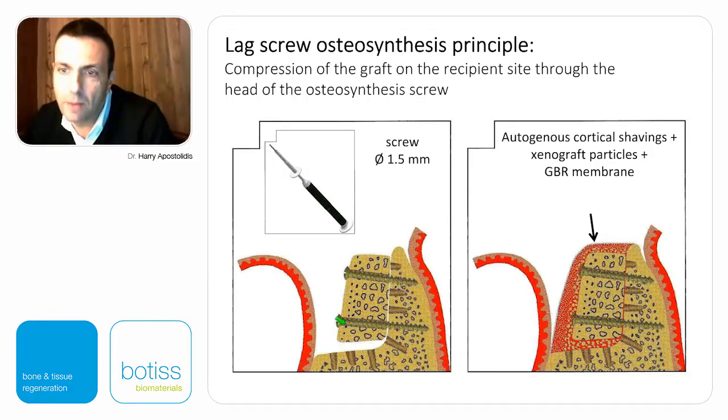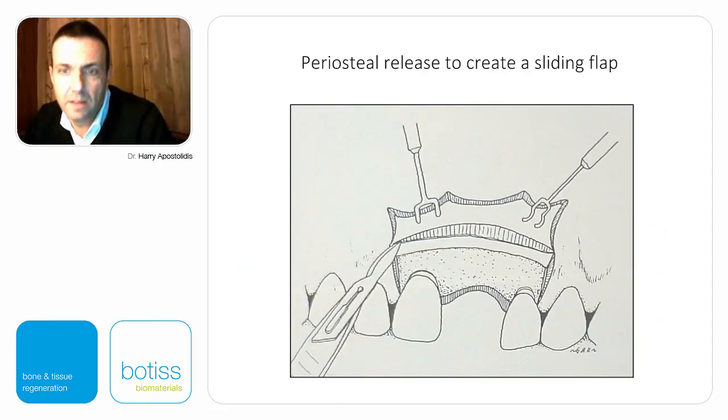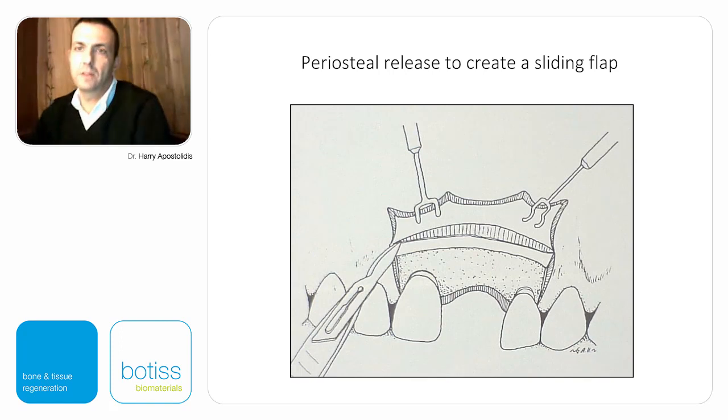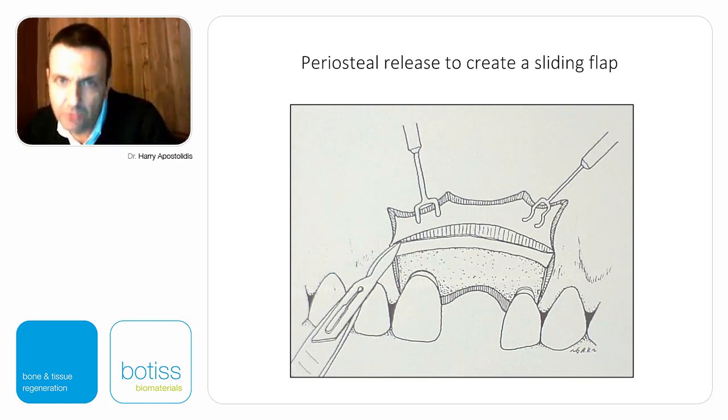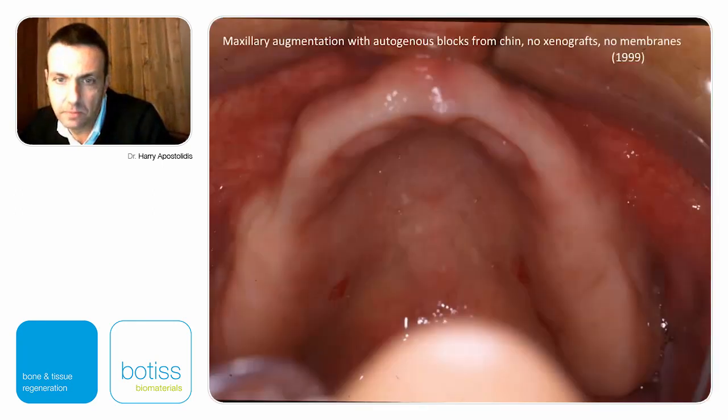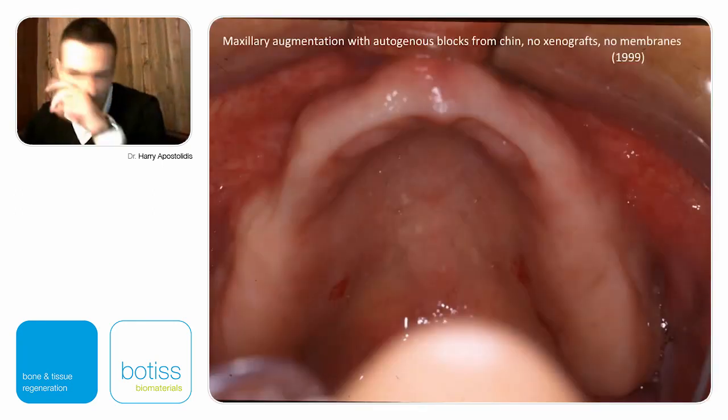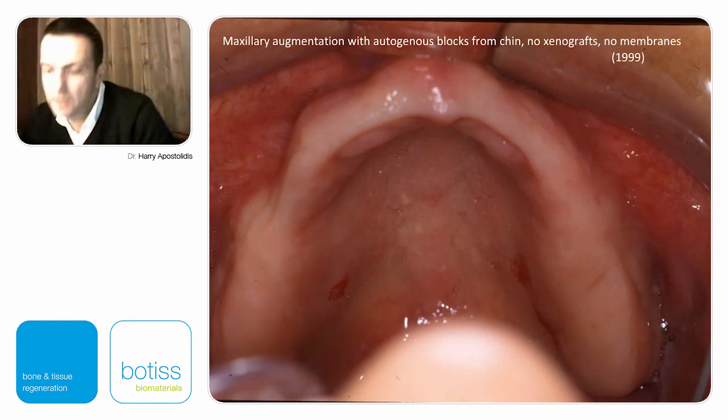And around that, we place our xenograft granules, our autogenous cortical shavings, and the GBR membrane, preferably pinned and sutured. And periosteal release to create a sliding flap for tension-free closure, as we said. So now let's go see some cases.